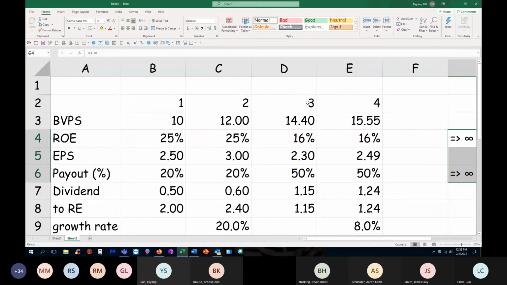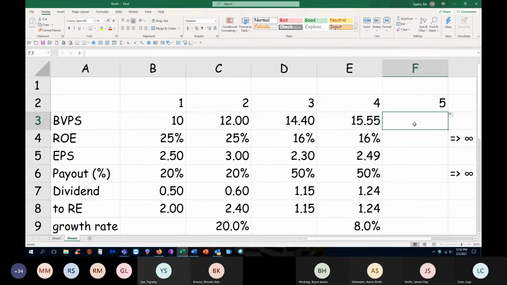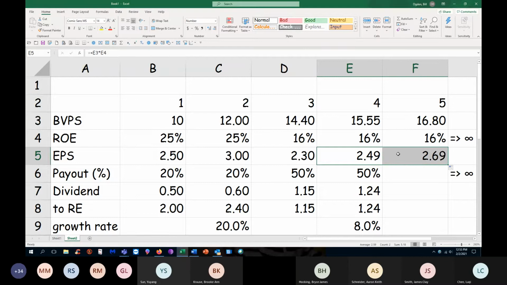Okay, and let's just continue our process for 1 more year. So what would this 15.55 be next year? Well, it would be the 15.55 for year 4, and we decided to retain earnings. We're going to add $1.24 to that. Okay, so this 16.80 will earn 16%. Actually, yeah. Let me just set that to 16%. That would give us earnings of 2.69.